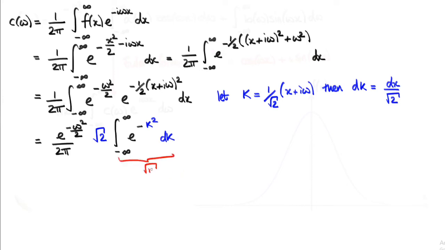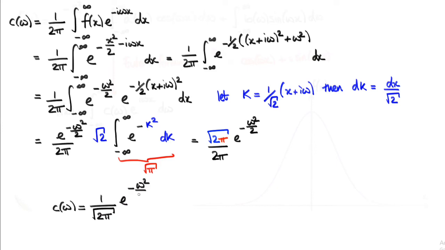It's an integral we know the solution to, and it's equal to the square root of pi. So that gives us square root of 2 pi e to the minus omega squared over 2, all divided by 2 pi. And so now we have an expression for c of omega, the Fourier transform of f of x. c of omega is going to be equal to 1 over the square root of 2 pi multiplied by e to the minus omega squared over 2.